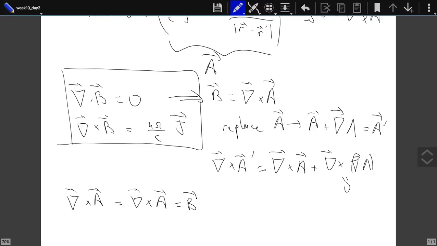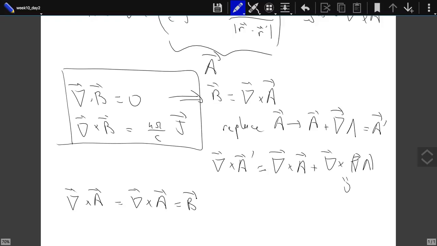You can think of this as, in the case of electrostatics, where we had the freedom of adding a constant to the potential. We could always shift the potential by a constant. Now we have a larger freedom. We can add to the vector potential the gradient of any function, so there are infinitely many vector potentials corresponding to the same magnetic field.